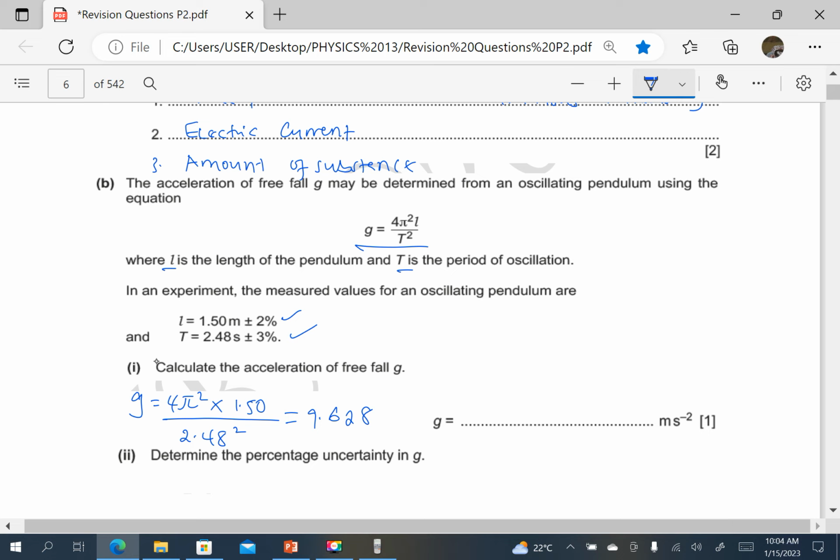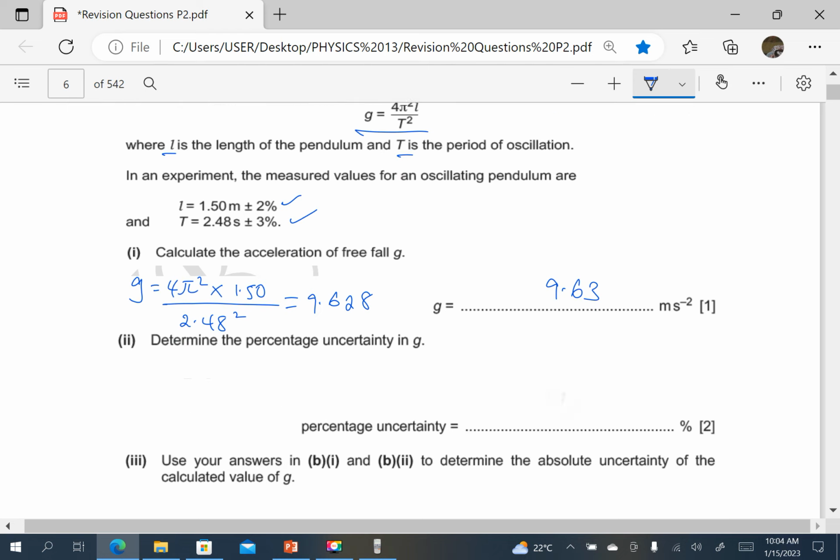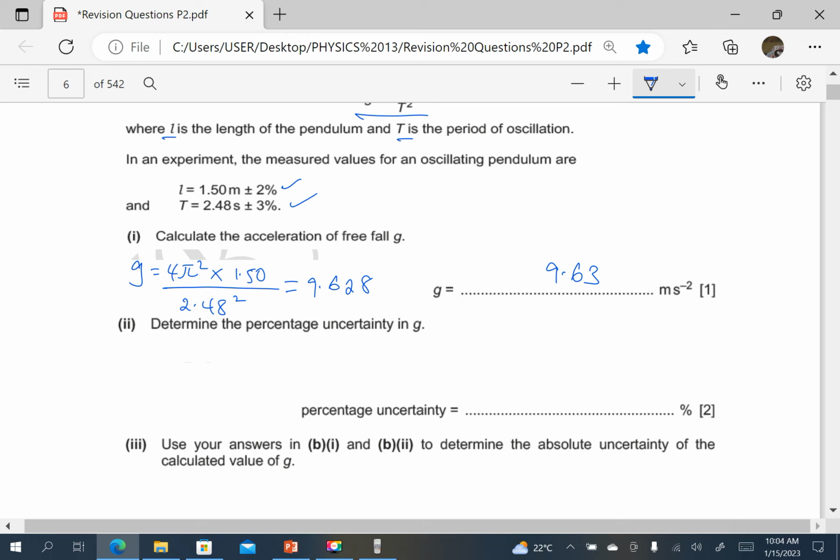Okay, so g, since they didn't specify the number of significant figures, I'll write it as 9.63. Determine the percentage uncertainty in g. Since they have given us percentages for L and T, we shall just consider percentages directly.